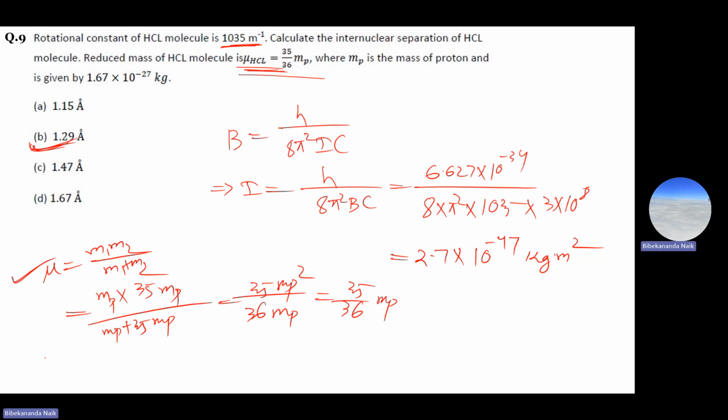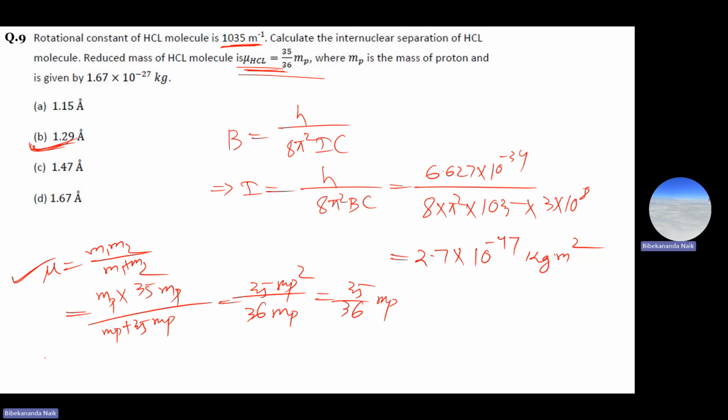We put the value of mass of hydrogen, which is nothing but 1 proton, and the mass of chlorine: we know the atomic number of chlorine is 17 and the mass is 35.5. So if you take it as 35 and take the mass of proton and mass of neutron to be equal, then the mass will be 35 times mass of proton.